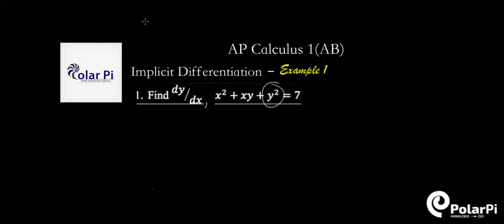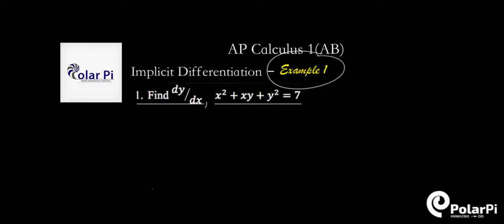For stuff that just involves x, like x squared, x cubed, or x cubed multiplied by a constant, you take the derivative as usual, and that's it. But for stuff involving y, you take the derivative as usual, pretending the y is like an x, but you also have to multiply by the derivative of y, which is dy dx. And that's because of the chain rule, and I talk about these details in example 0, so check that out.